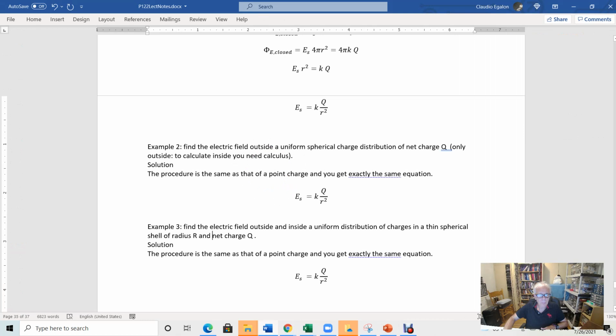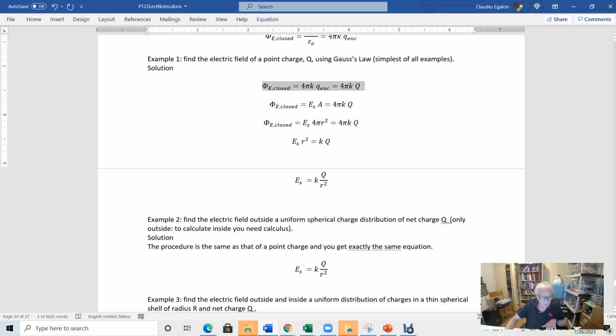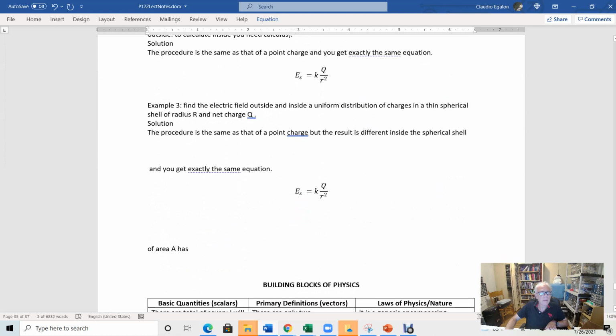But the result is different inside the spherical shell. Okay, so let's go ahead.